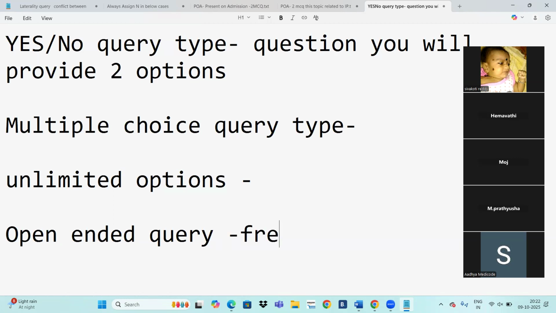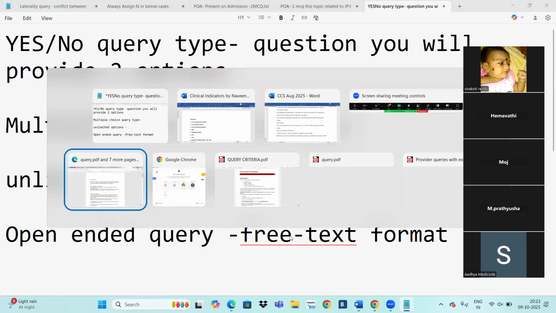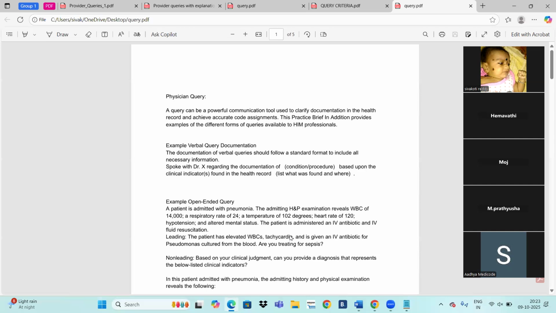We need to write our concern. Free text format is open-ended. These are the three formats we need to use while raising the query: yes or no query type, multiple choice type, or open-ended query type. Now I will show an example of how you will get the document at the time of a yes or no query and so on.